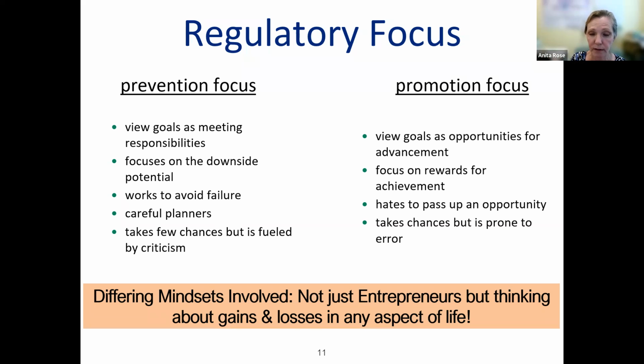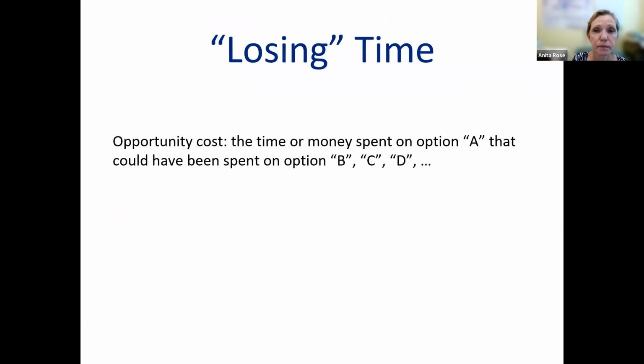So differing mindsets are just different, not just for entrepreneurs, thinking about gains and losses in all aspects of life. What about losing time, opportunity cost? We touched on opportunity cost in the last module, but when we think about time or money spent on a specific item that could have been spent on something else, right?